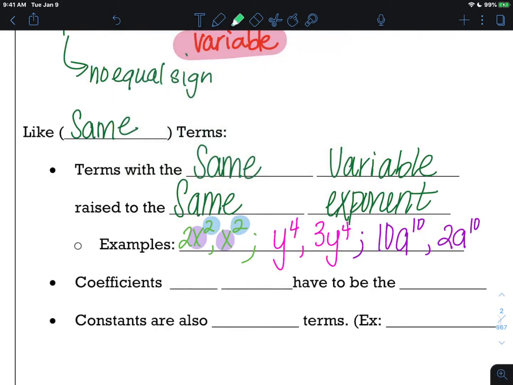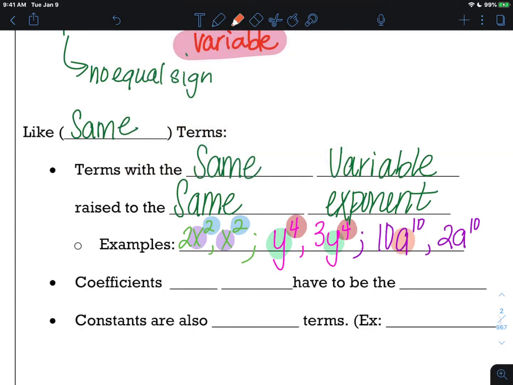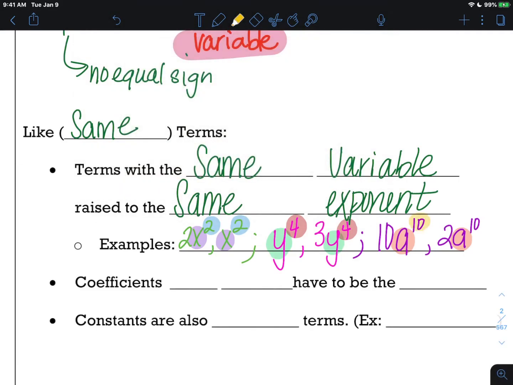Again, they have the same base, this variable y, and the exact same exponent. Same exact thing in the last situation: same letter, variable, base at the bottom, same exact exponent at the top, 10.